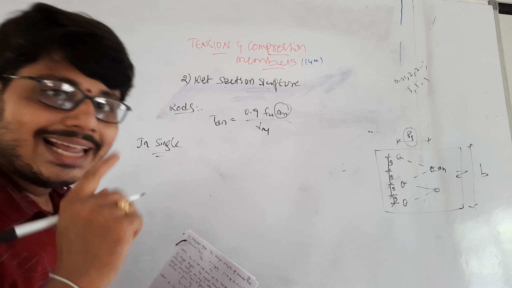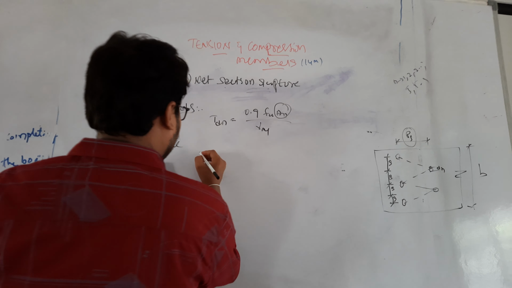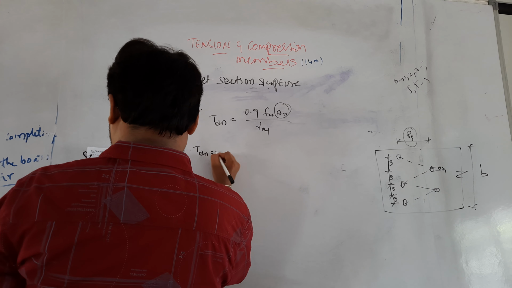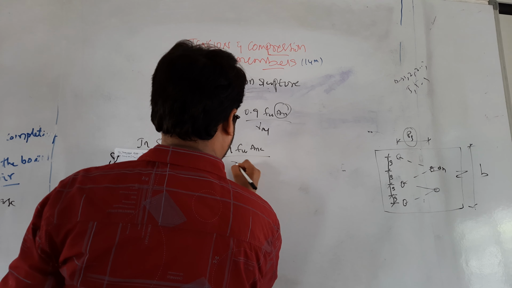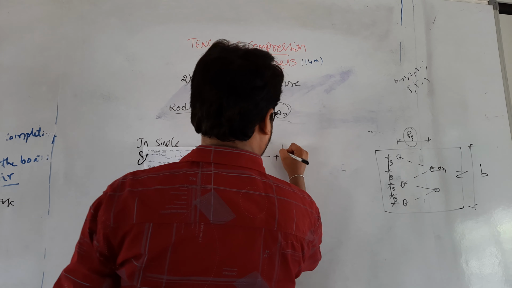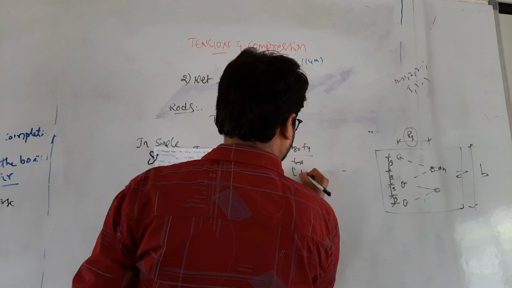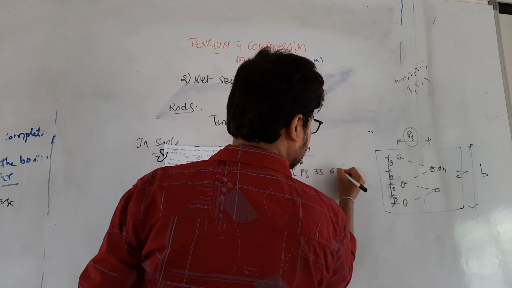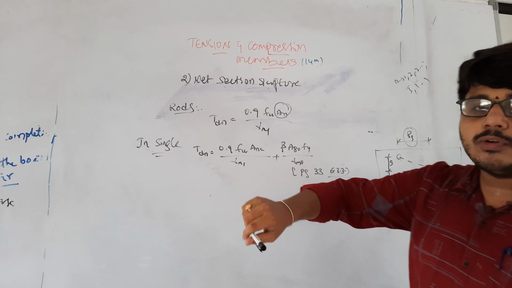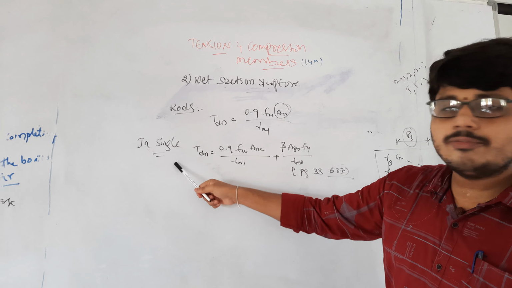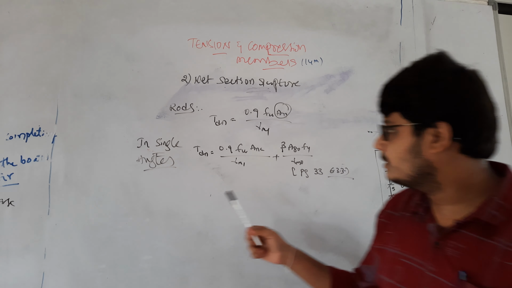Next, if a single angle is given, then Tdn equals 0.9 Fu Anc by gamma m1 plus beta Ago fy by gamma m0, on page number 33, clause 6.3.3. For plates the formula is given before, for rods this formula, and for a single angle this formula.